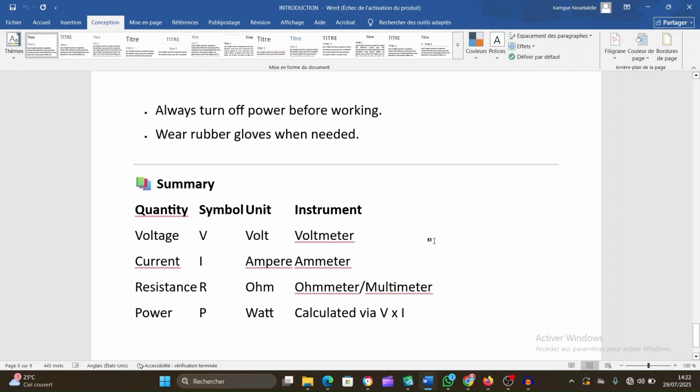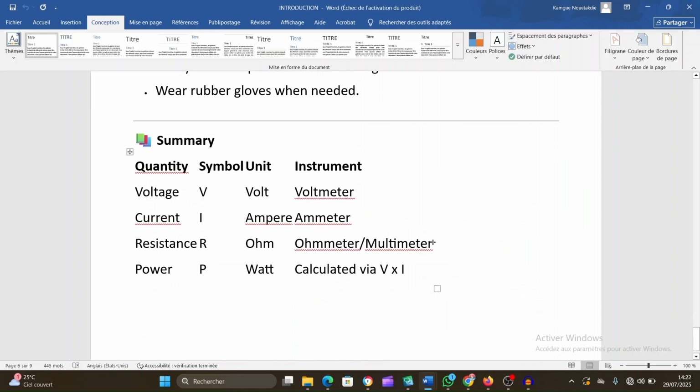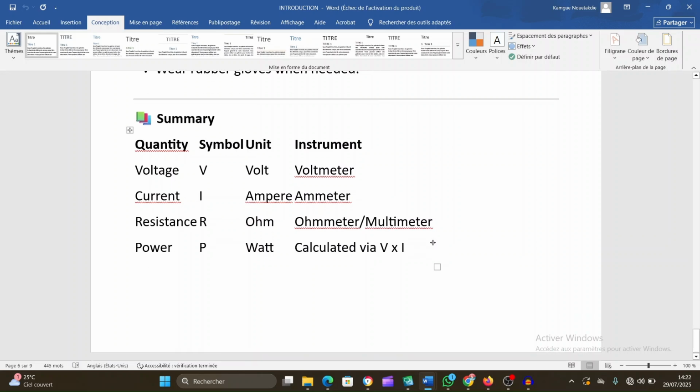Well, there is this common instrument that we all know. If you want to know the voltage, you use the voltmeter. Do you know what the voltmeter is? We'll come to know about this. If you want to know current, which is symbolized by I, you use the ampere meter.